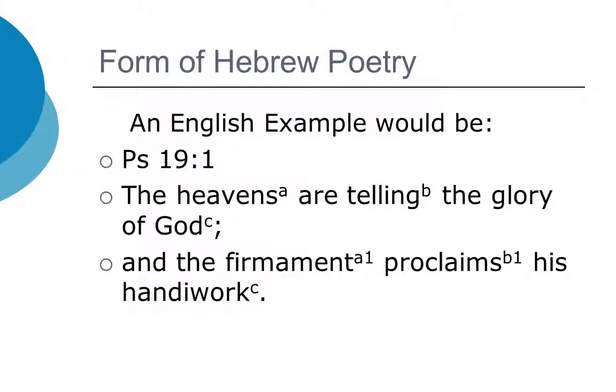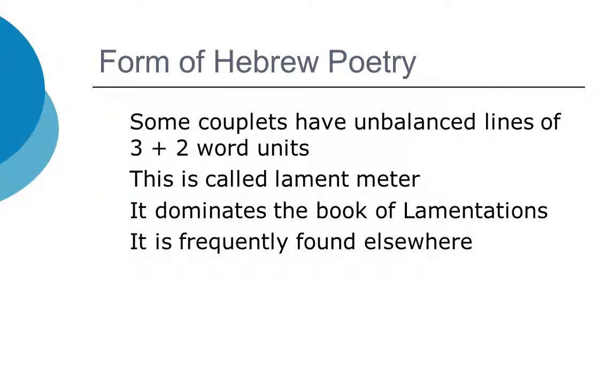Another example in English would be the one we've already used, Psalm 19 verse 1. The heavens are telling the glory of God, and the firmament proclaims his handiwork. Again, we get this picture of the 3+3. Interestingly, some couplets have unbalanced lines of 3+2 word units, and this is known as lament meter.